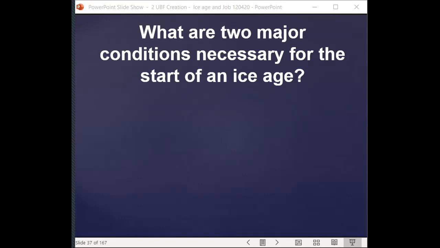So the first condition is lots of evaporation. What is the first condition to get a lot of evaporation? The sun. What does the sun do? Evaporation, like a high temperature. Okay, high temperature. So how come the temperature is high here?